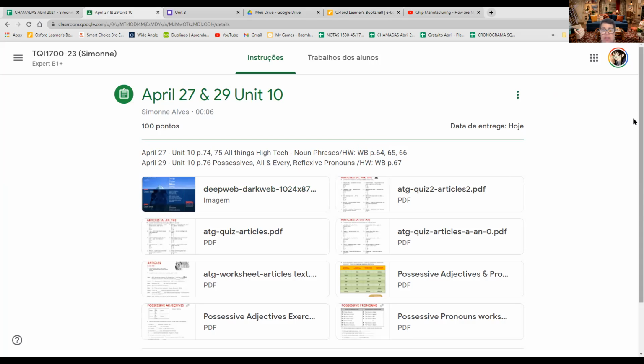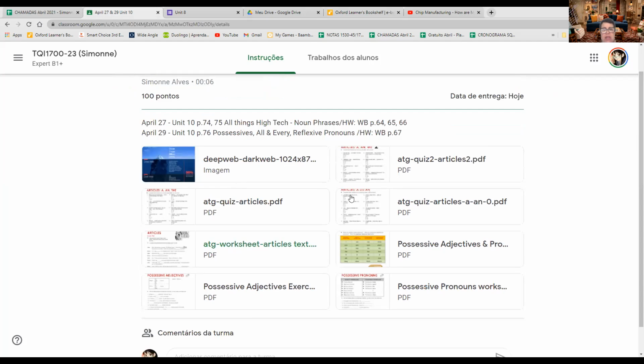But there is also some interesting information here I posted on the topic if you don't have the material. So you can check this. It's also interesting about the dark web, and try to do one or two of these worksheets about articles and possessives. They are very interesting to begin.